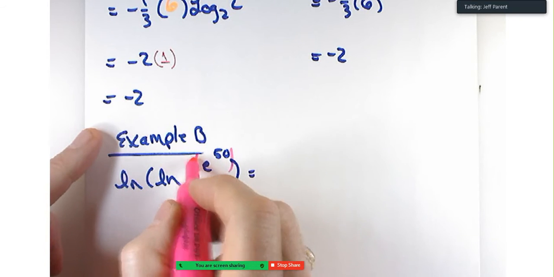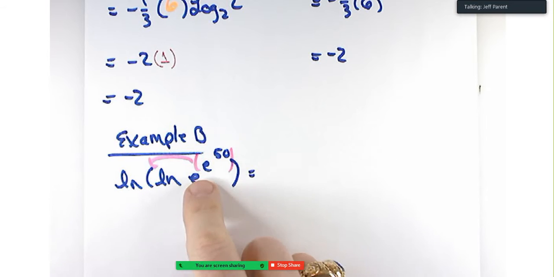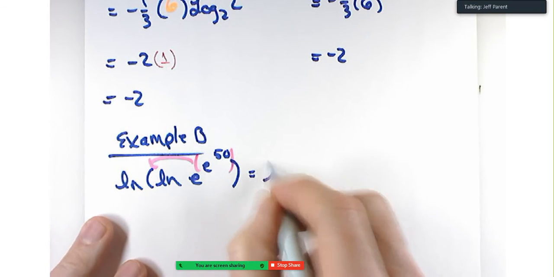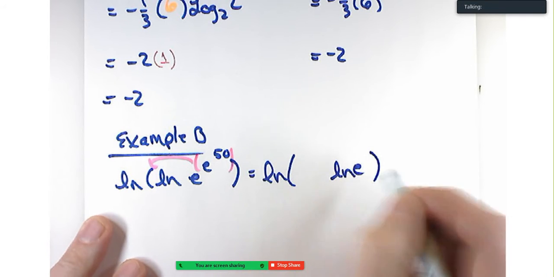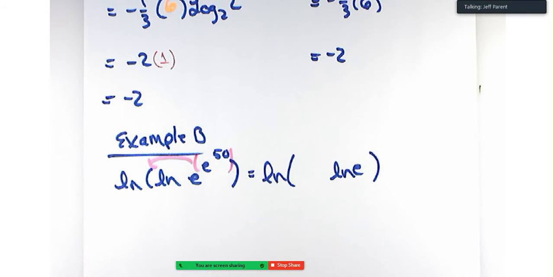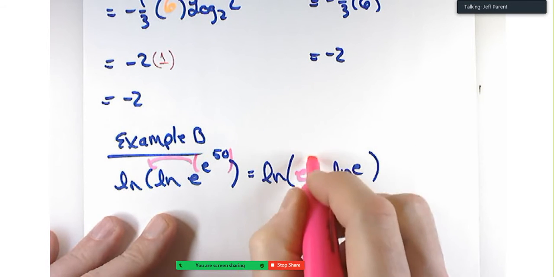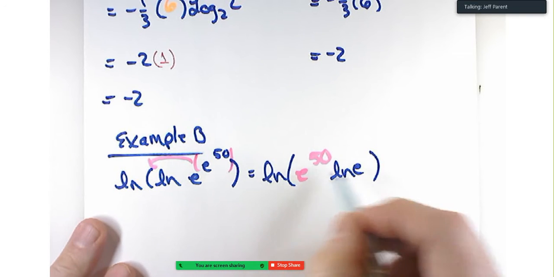I've got e to some power, so that becomes the ln of e to the 50th, and that exponent comes out in front. I'll write it here in a nice manly shade of pink: ln of e to the 50th.